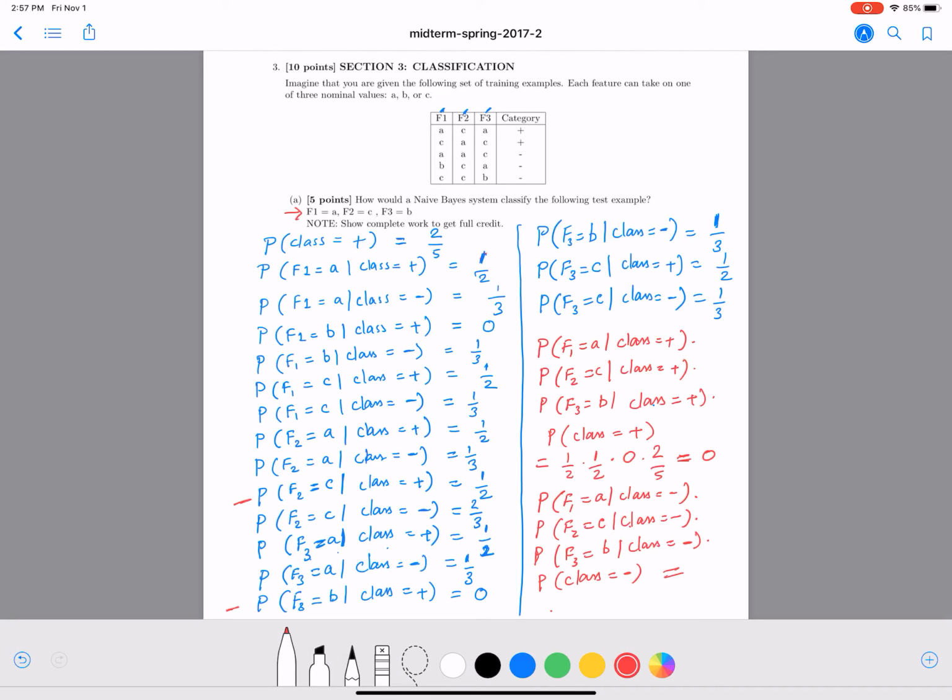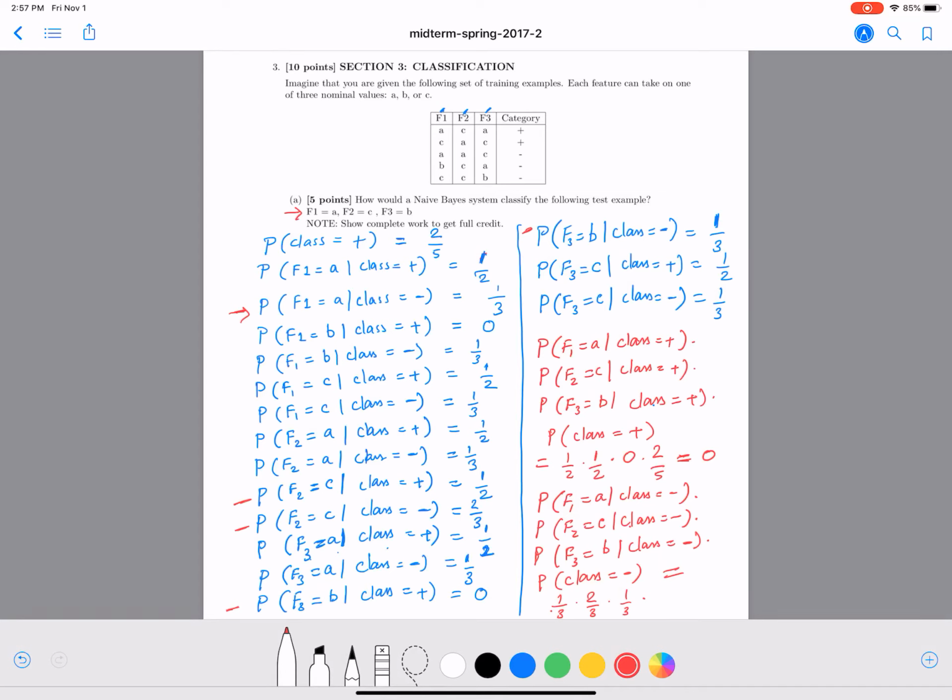Now this is equal to f1 equal to a, class equal to minus, 1 over 3, times f2 equal to c, class equal to minus, 2 over 3, times f3 equal to b, class equal to minus, 1 over 3, times probability of class equal to minus.